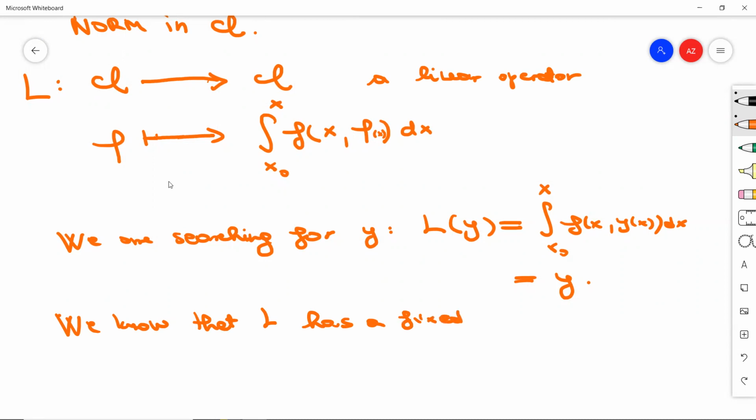So you see what a fixed point is. Every function which is mapped by the operator into itself is called a fixed point. So in this case, we are searching for y, which is a fixed point of this operator. And we know, this is some theorem, that such an operator on a normed space has a fixed point if it is a strict contraction.